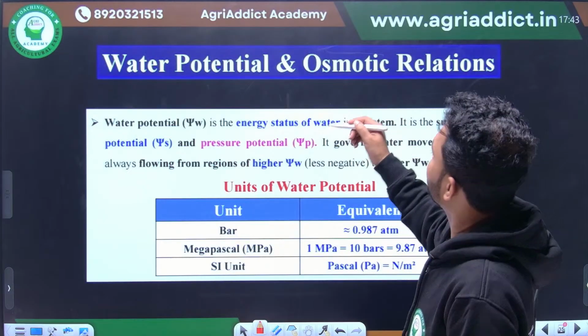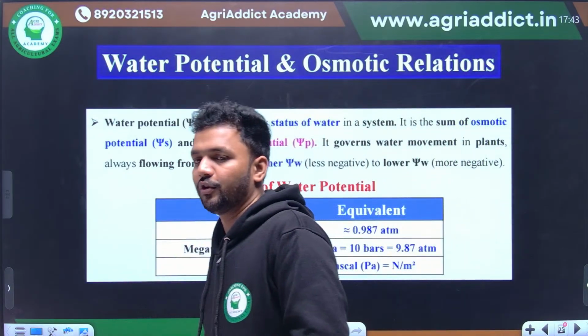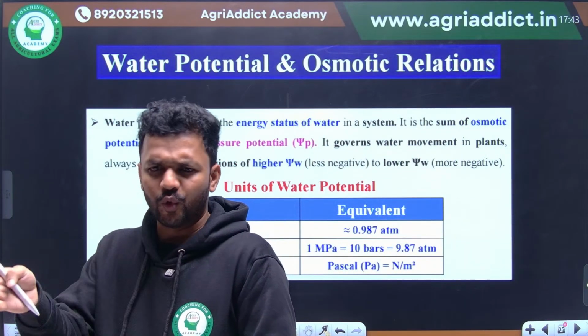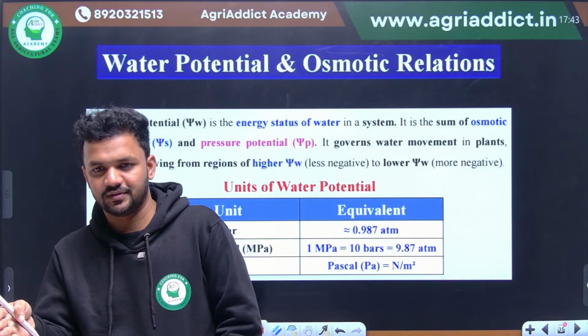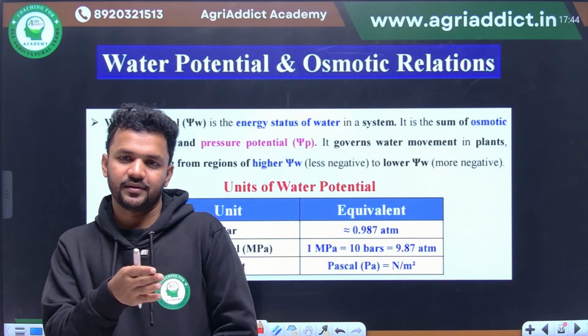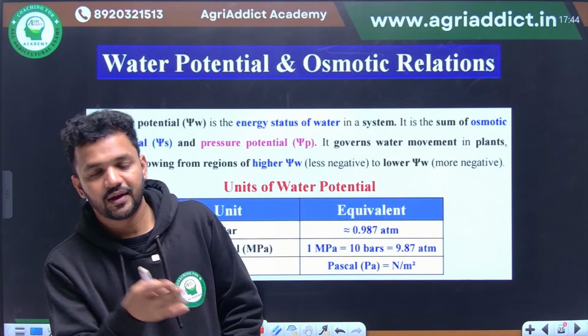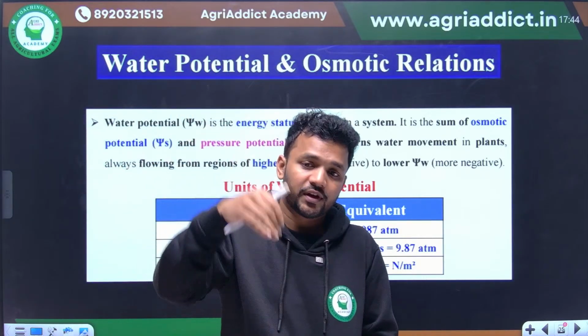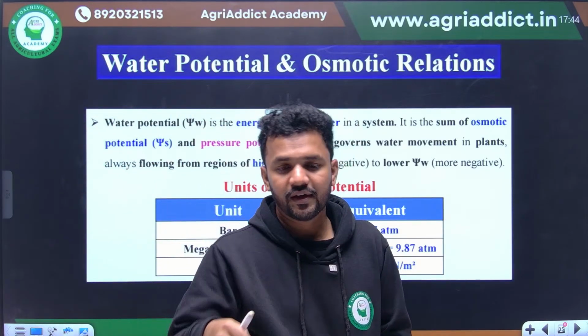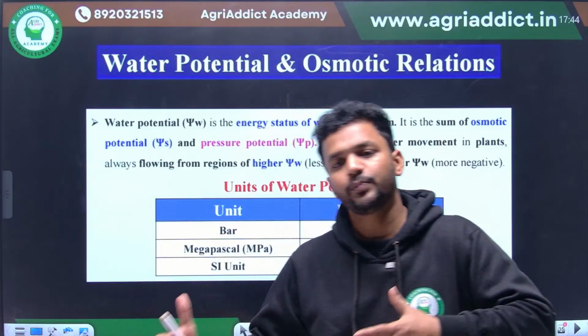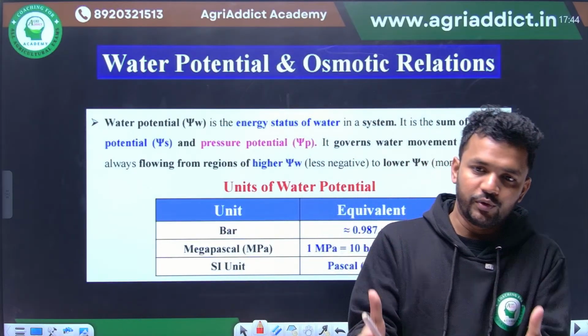So what is water potential? Osmotic relations. Osmosis means movement of water. So what is the relation of the movement? How does the movement occur, and how does it depend on the potential of water? Potential is free energy. The energy available to do any work is potential. Like how much capacity do you have?